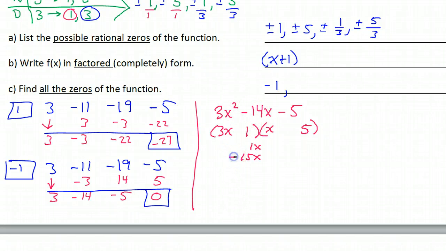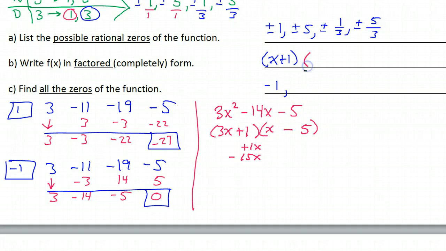So -15 and +1 would make -14. Well, there's my +1, and this would make -15 outer. But will it make -5? +1 times -5 is -5. Okay, so this is the correct factorization.